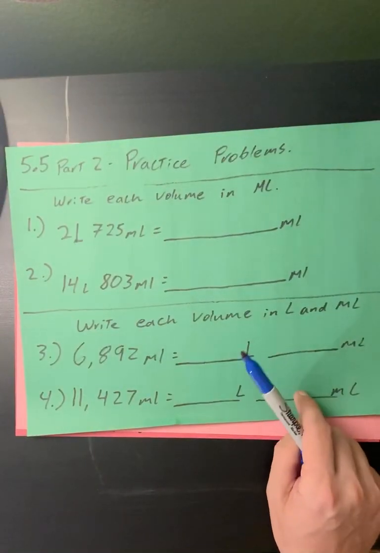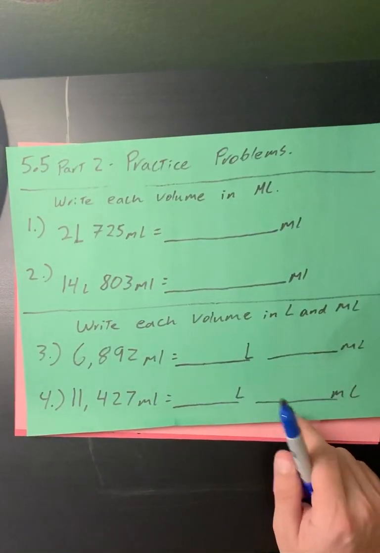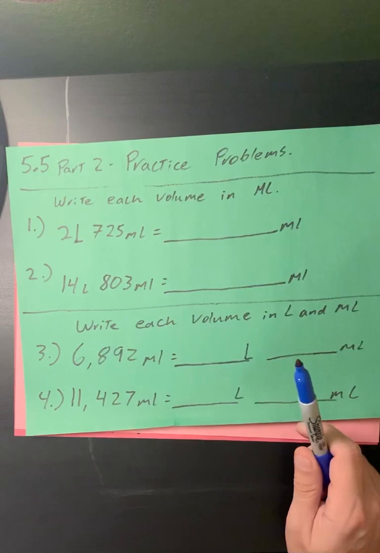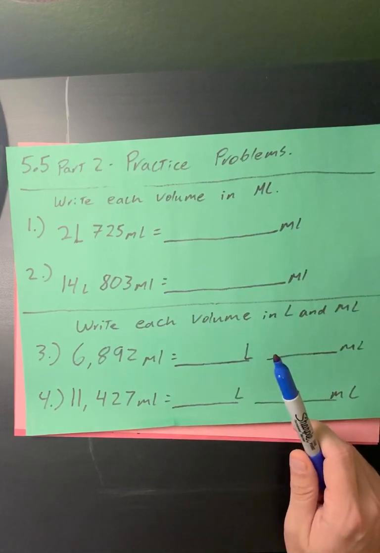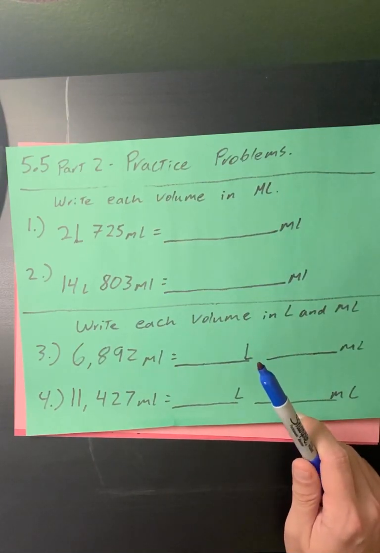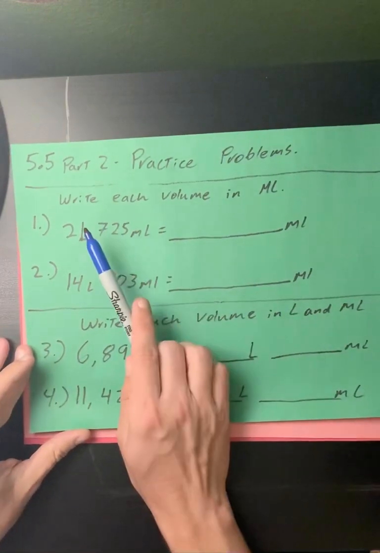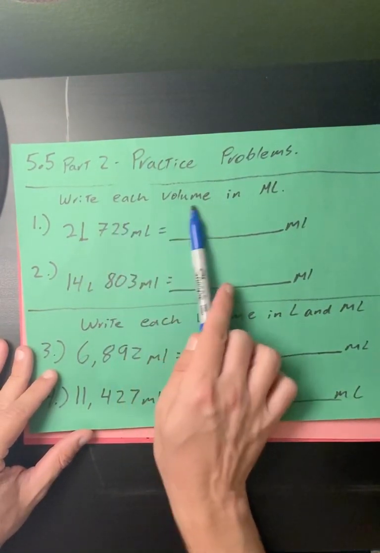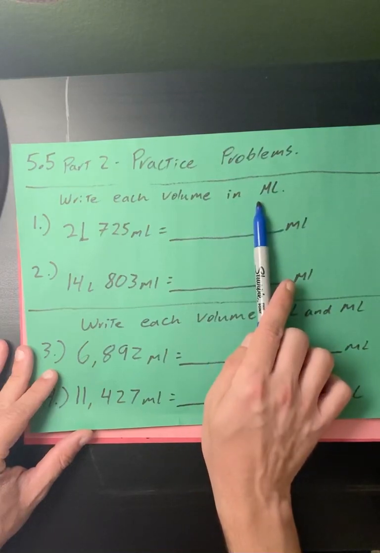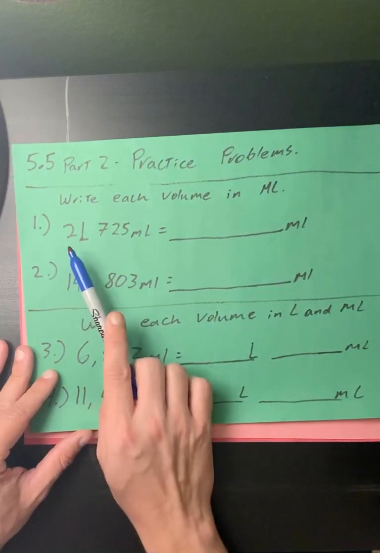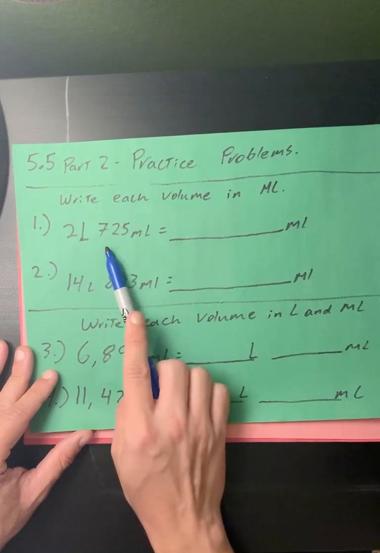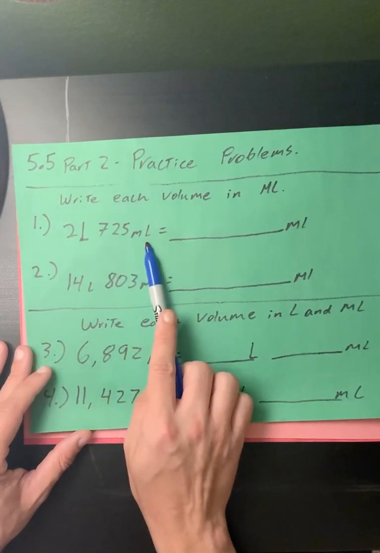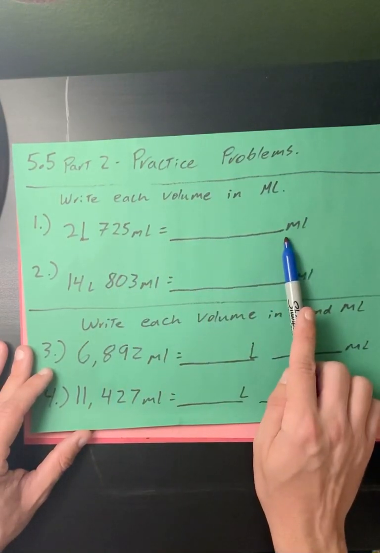Okay. Now we're going to do some practice problems. I'll read them out, write them down on a scratch piece of paper. You can pause the video to try your best, and then I'll work through these. Problem number 1, you need to write each volume in milliliters. So problem number 1, if you have 2 liters, 725 milliliters, how many total milliliters do you have?